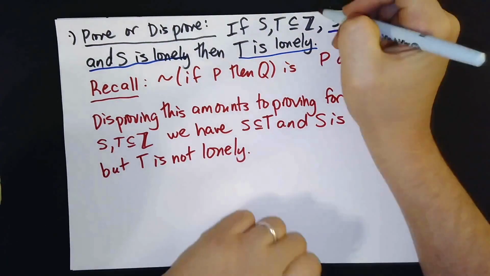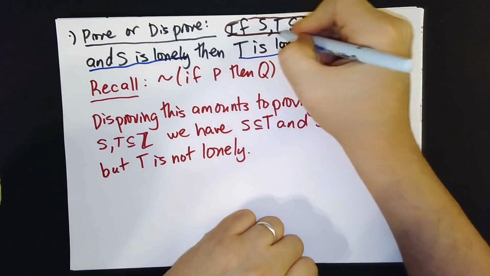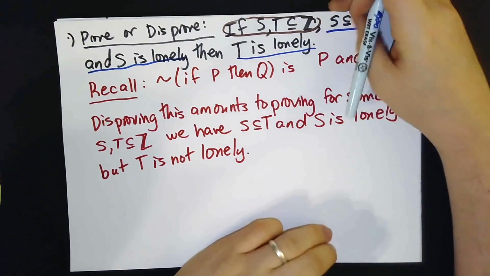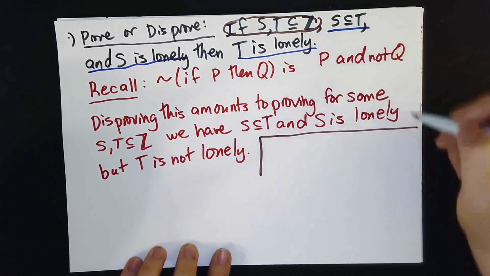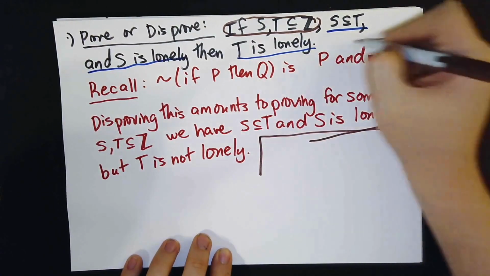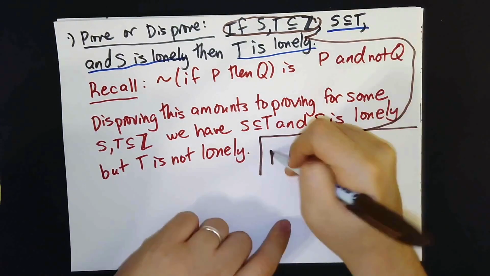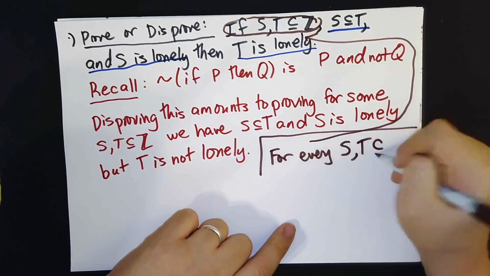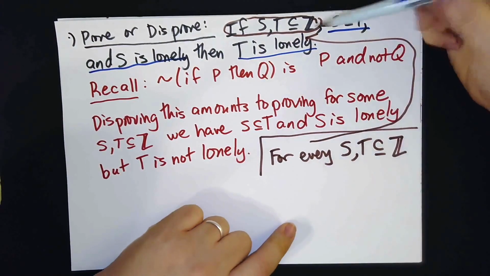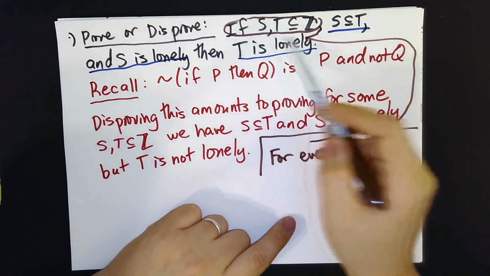Now, you might be wondering where this part went. And this part, and this is sneaky, this part is really a for every statement. This piece at the beginning, this is really a statement about every S and T a subset of Z. So this piece is sort of the context.